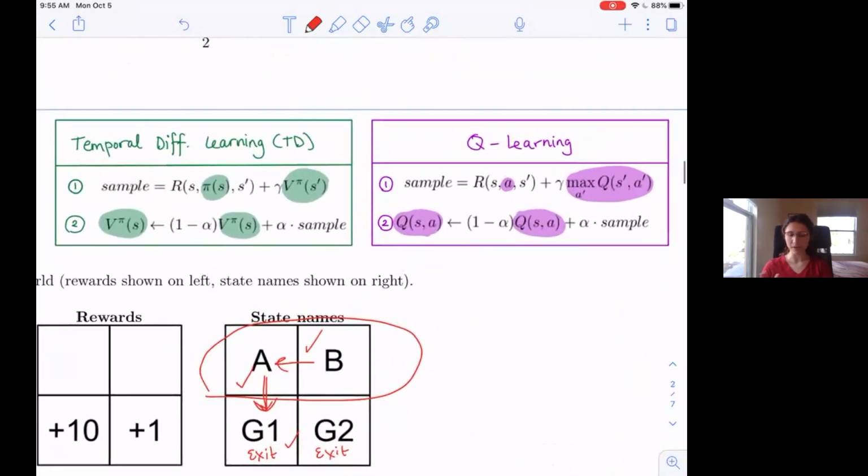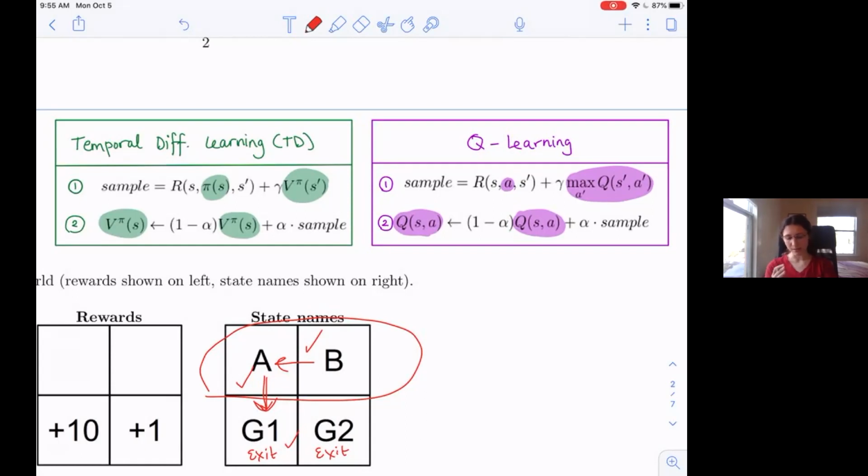So I have both temporal difference learning on the left-hand side and Q learning on the right-hand side. I've specifically done this because they look really similar, but there are some important differences in what we're learning and how we're learning. So in Q learning, we also get a sample of our system, where our system starts in some state S, executes an action, and results in some next state.